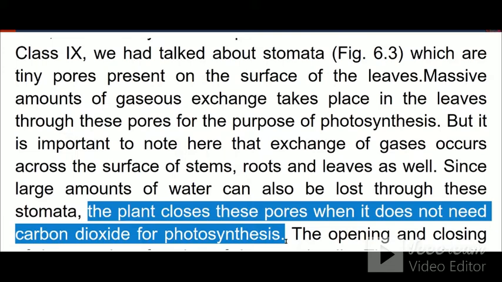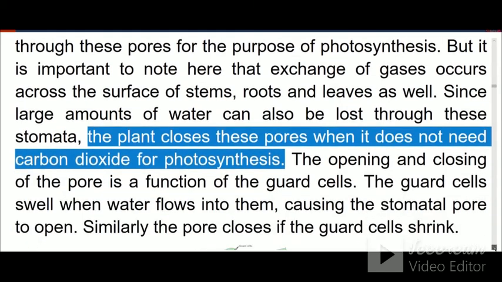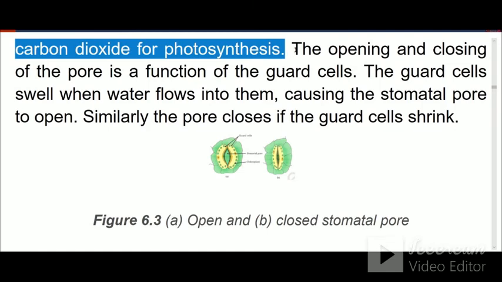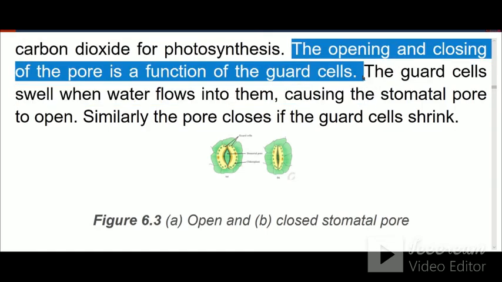So the stomata open and close, and that opening and closing of stomata is controlled by guard cells. So the opening and closing of the pore is a function of the guard cell. The guard cells swell when water flows into them, causing the stomatal pore to open. Similarly, the pore closes if the guard cell shrinks.